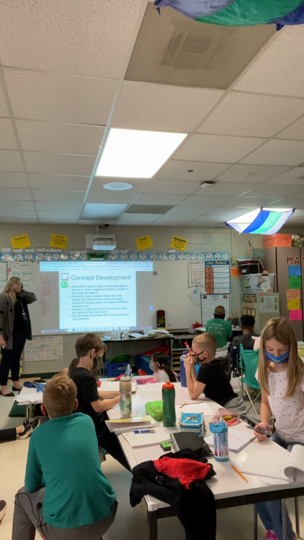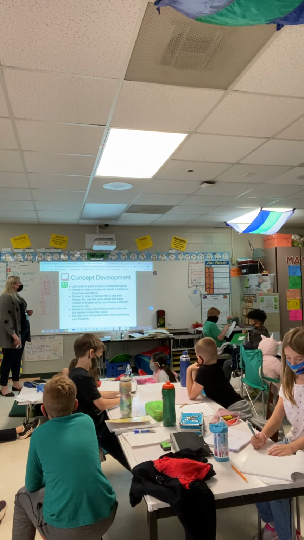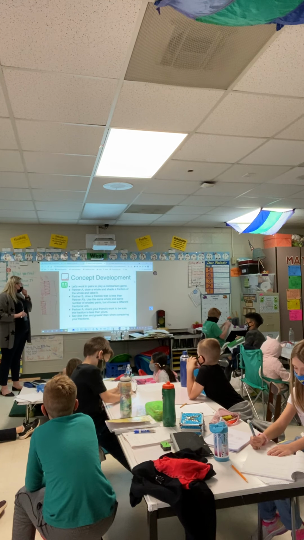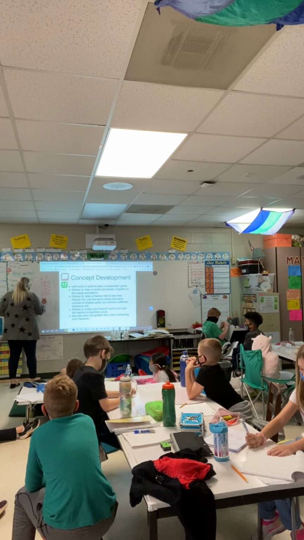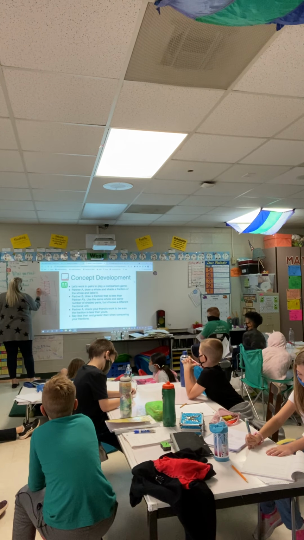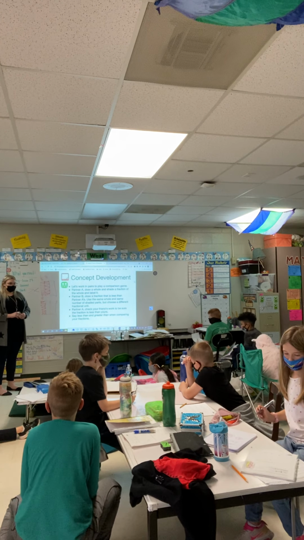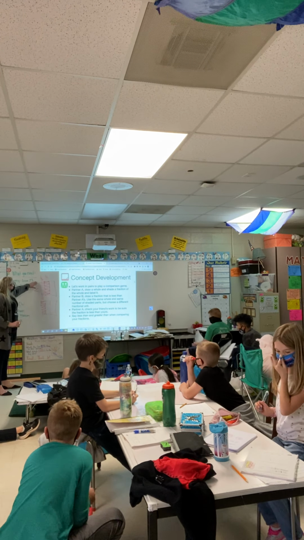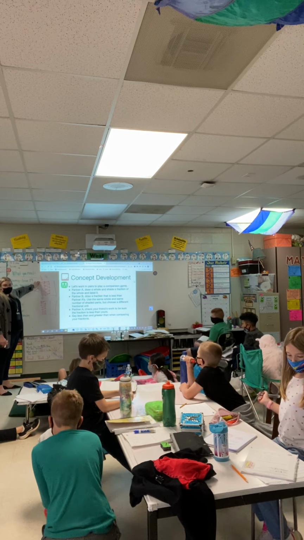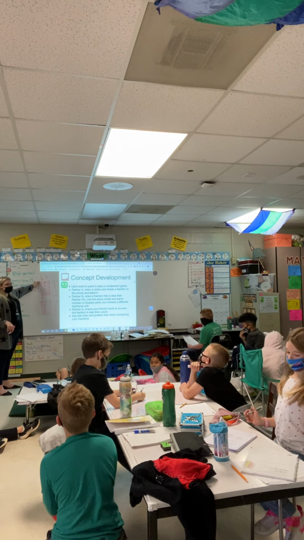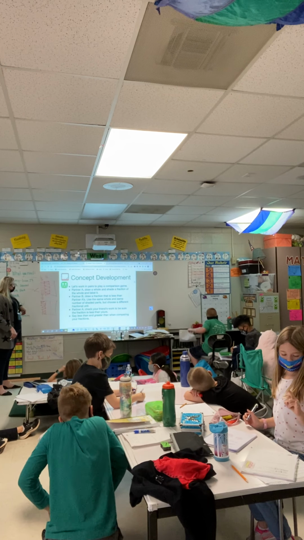Partner A, you're going to check your friend's work to be sure that the fraction is less than yours, and then say if it's less than or greater than when comparing your fractions. So I'm partner A. I drew a whole, I partitioned it, shaded in parts, and then labeled it.